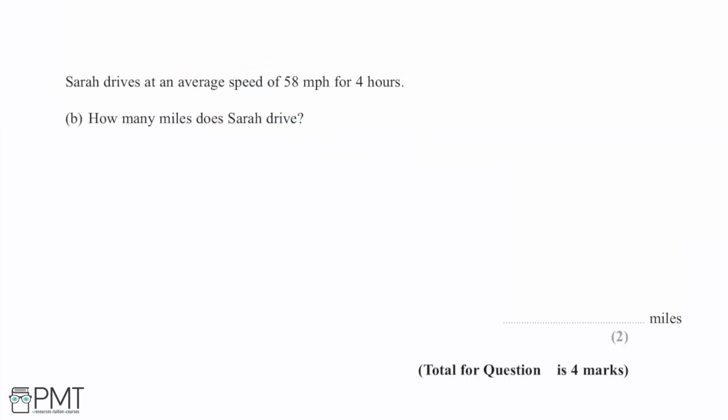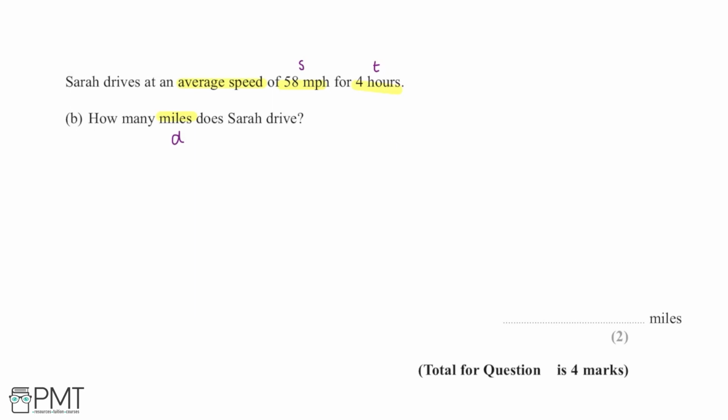So now in this part of the question, we're told that Sarah drives at an average speed of 58 miles per hour, and this is for 4 hours. And this time we're going to be asked how many miles Sarah drives as opposed to her speed. So again, I can see that we're working here with the speed, the time, which is 4 hours, and we're going to be working to calculate the distance.